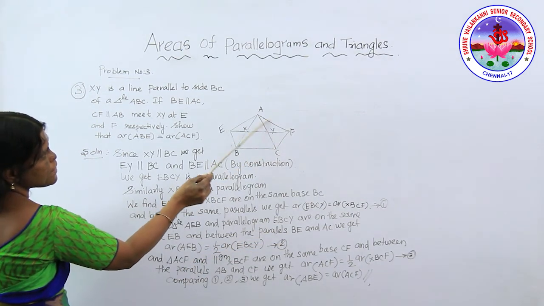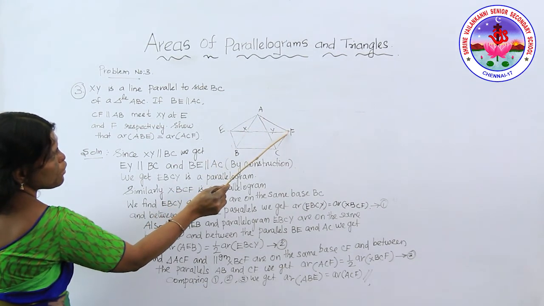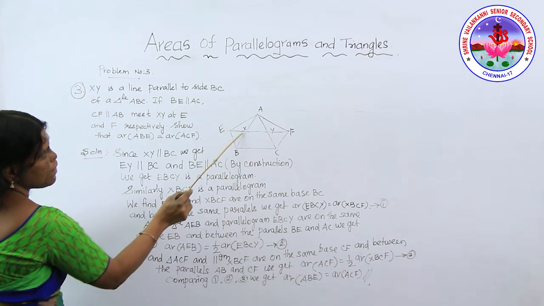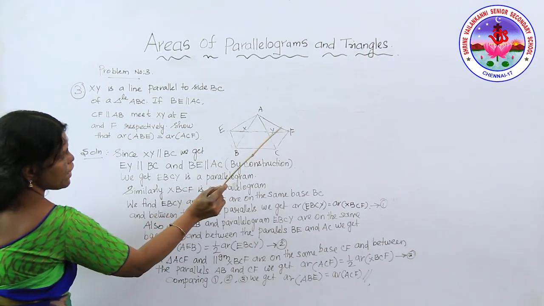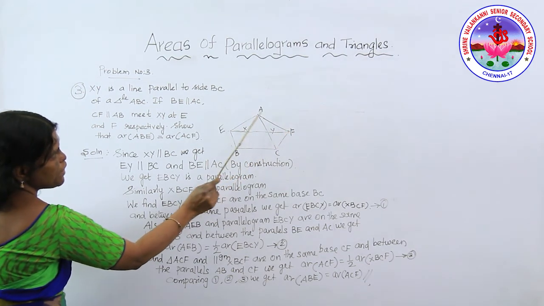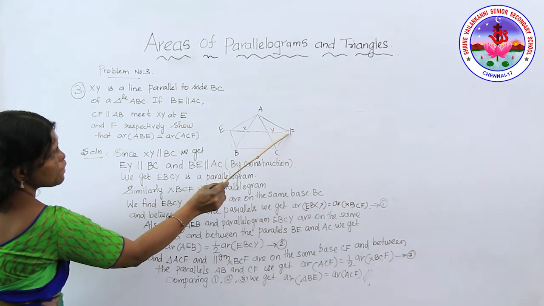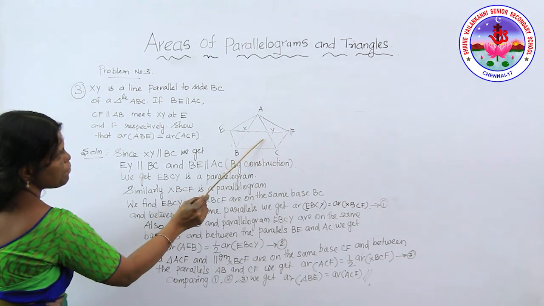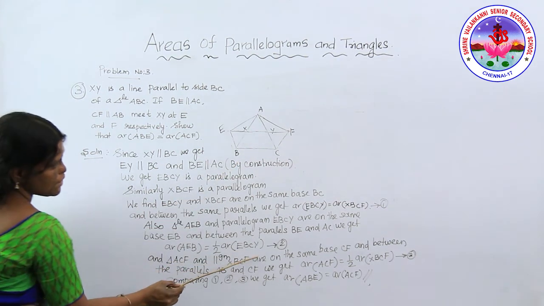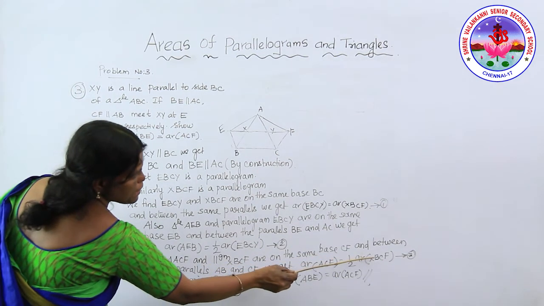Similarly, if we consider the triangle ACF and the parallelogram XBCF, this parallelogram and this triangle ACF are on the same base CF, and lie between the parallels CF and AB. So the area of the triangle ACF is equal to half of the area of the parallelogram XBCF. So I am writing area of ACF is equal to half of area of the parallelogram XBCF.